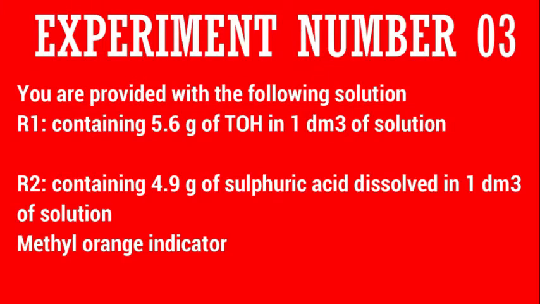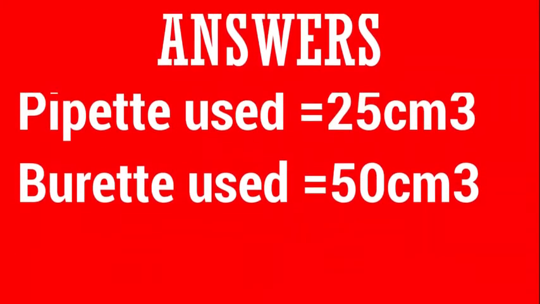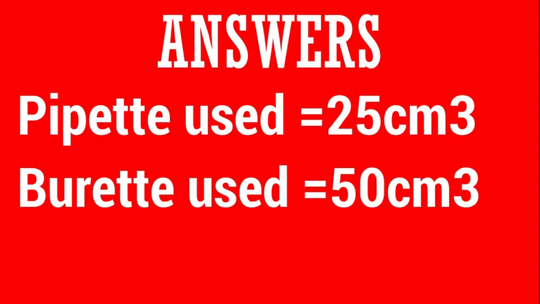Remember that the previous data is very important in order to solve those questions in a systematic way. Before the table of results, you are supposed to show the pipette used, which is 25 cm cube, and the burette used is 50 centimeter cube.